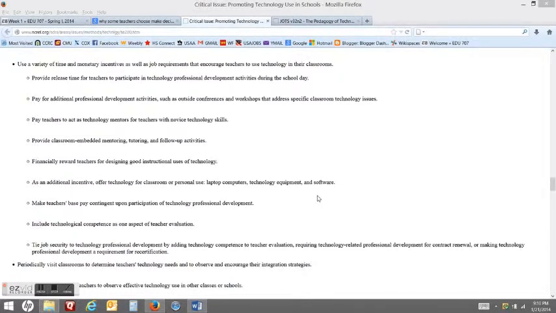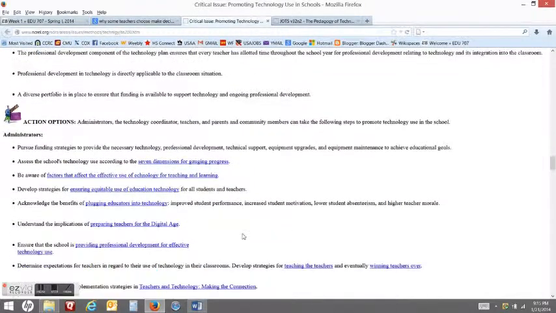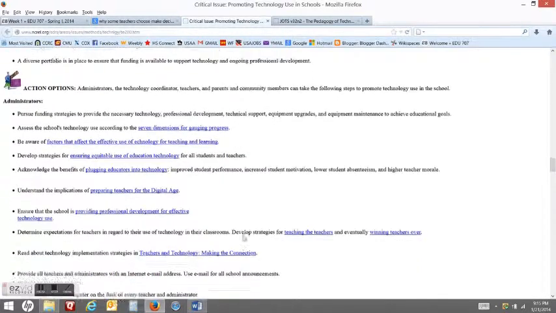Action options. Pursue funding strategies. Access user quota. Beware factors of effective use for teaching and learning. Ensure equitable use of technology.